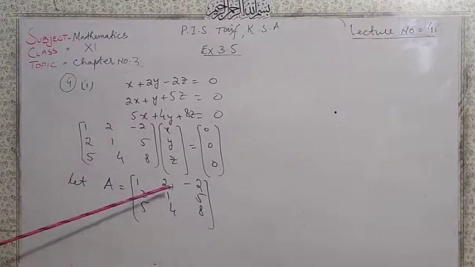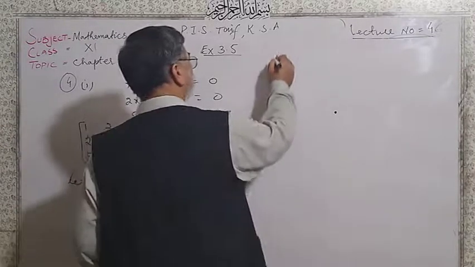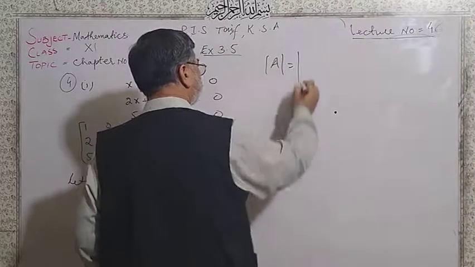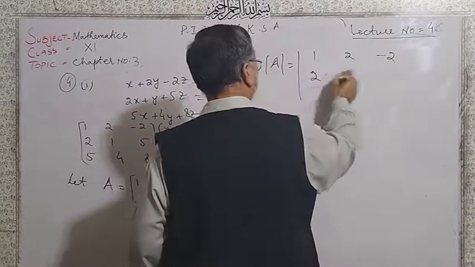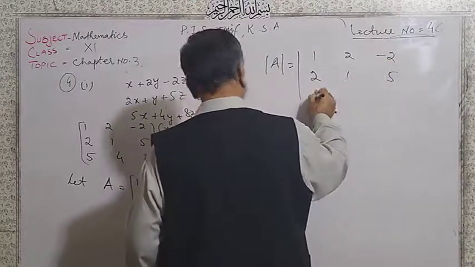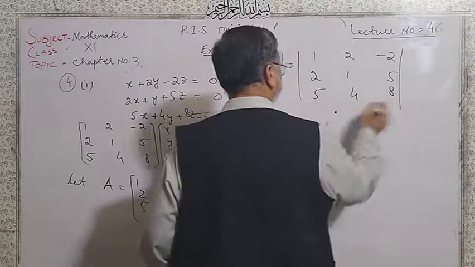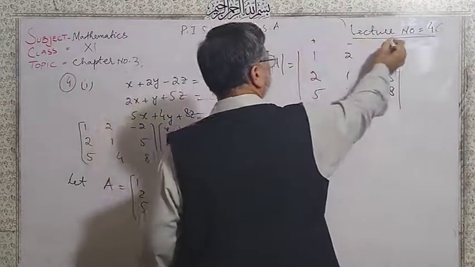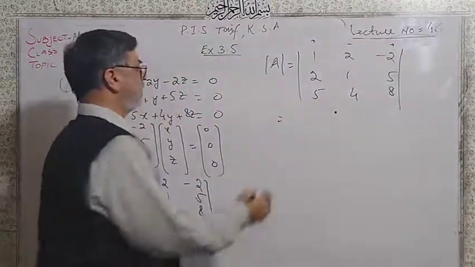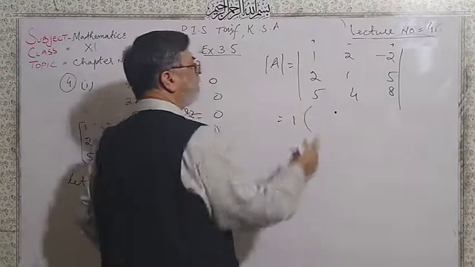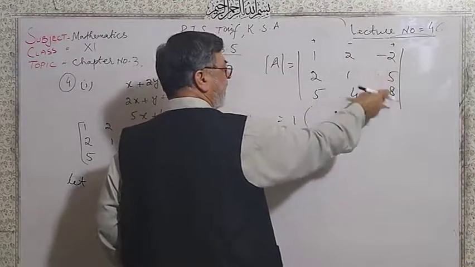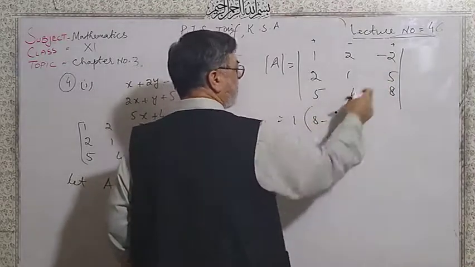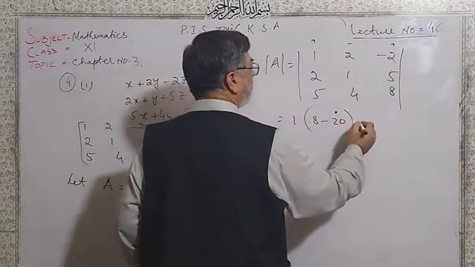To solve this question, first of all, we will find its determinant. 1, 2, minus 2; 2, 1, 5; 5, 4, 8. Remember that the signs are plus, minus and plus. You can check 1 into, remove this row and column, AD minus BC: 1 into 8, minus BC is 5 into 4, that is minus 20.